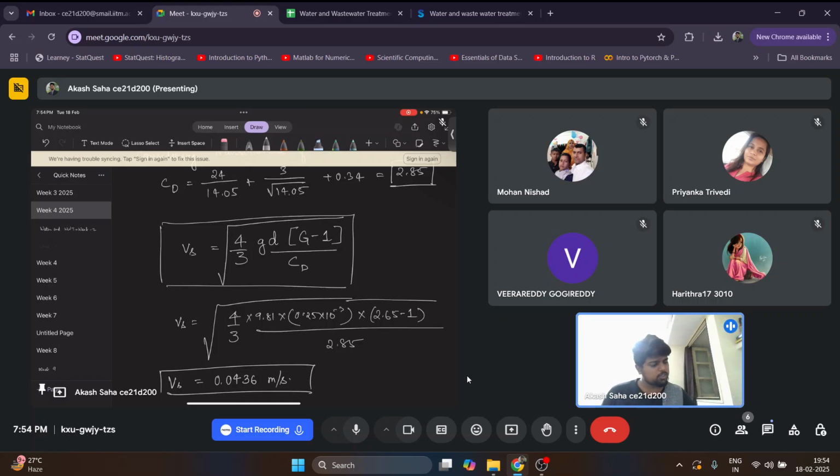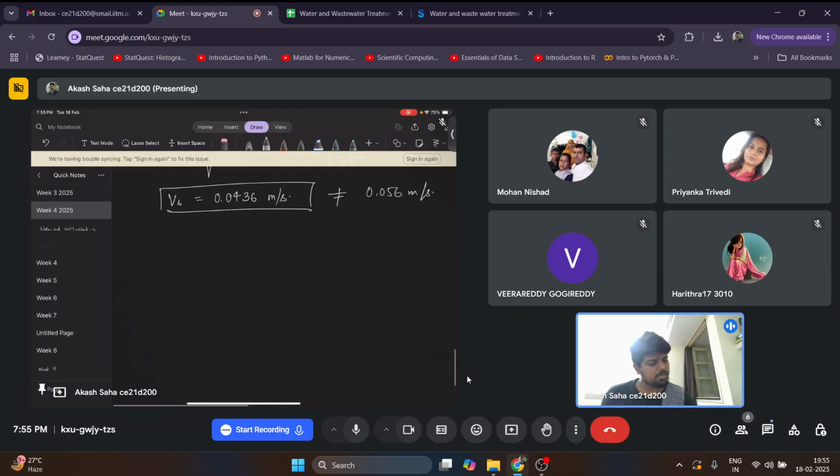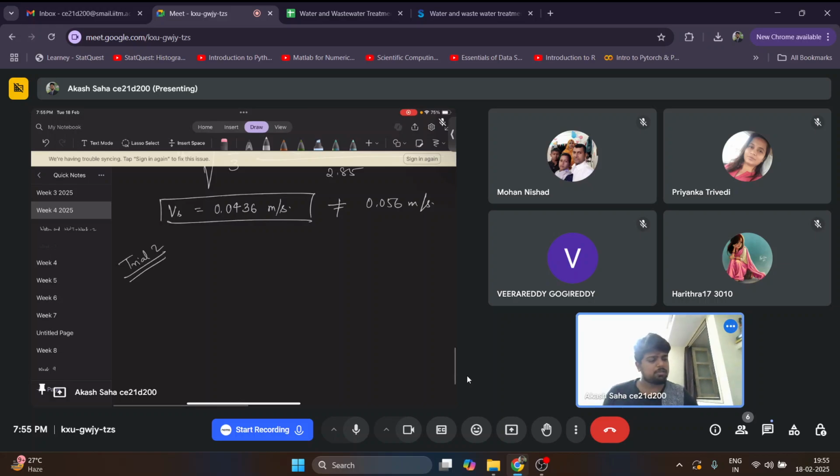Now this also is not equal to our 0.05x meter per second, whatever we found out. So you have to make some more iterations. This was my trial 1. Now again we have to find trial 2, so that this should match my previous answer. In trial 2, we will again calculate the NR.